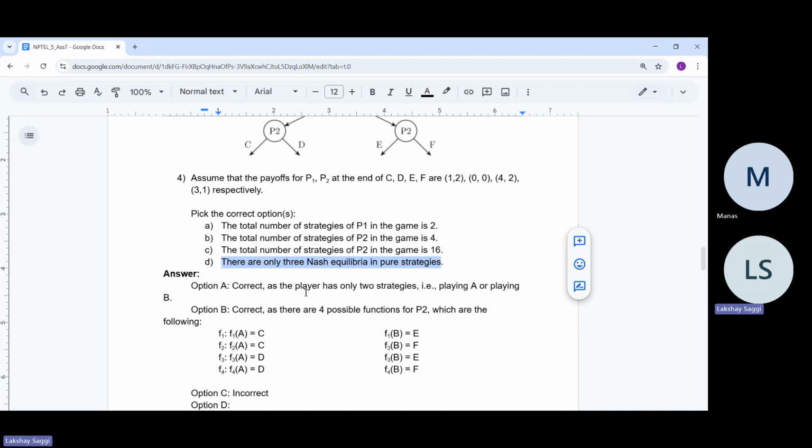And note that the matrix we'll be forming will have two rows because player one only has two possible strategies, but it will have four columns because player two has four possible strategies.